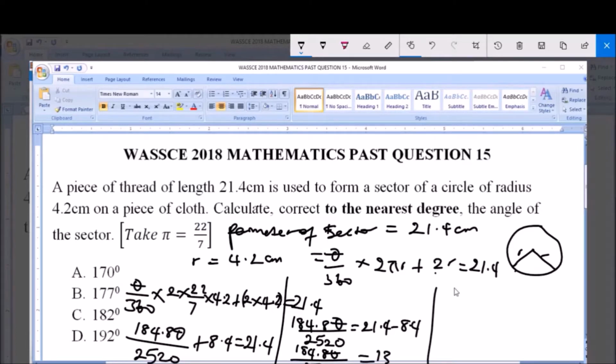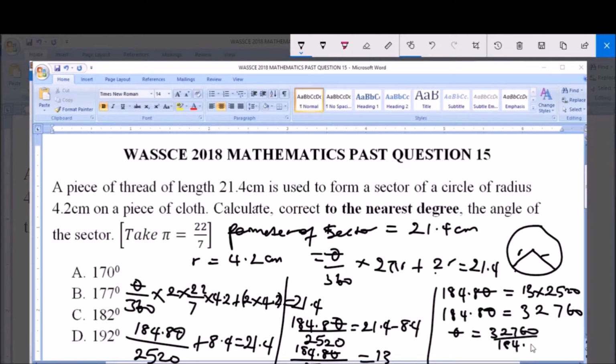Now when you cross multiply, we'll have 184.8 theta is equal to 13 multiplied by 2520, and 184.8 theta will be equal to 32,760. So therefore theta is equal to 32,760 all over 184.8, and this is equal to 177.27 degree. But remember, the question says to the nearest degree, and so this will be approximately 177 degree, and that is option B, 177 degree.